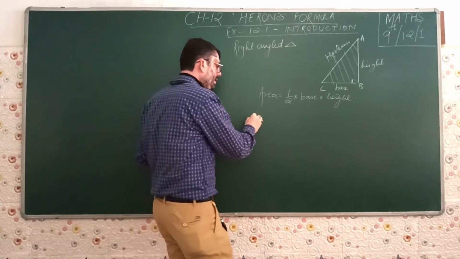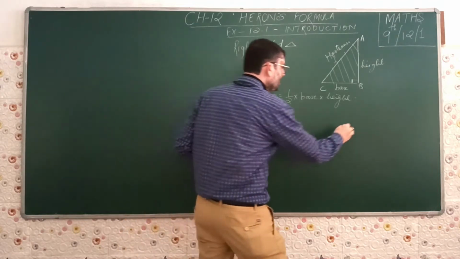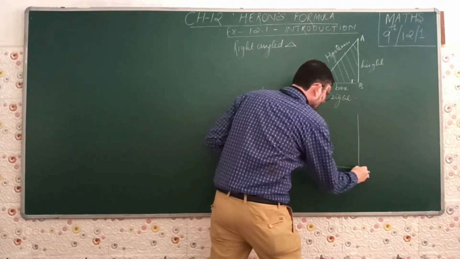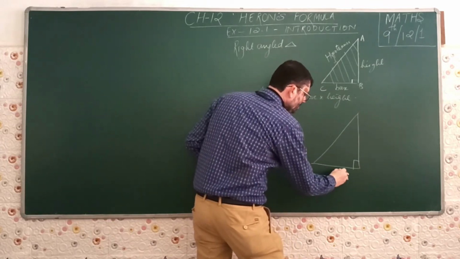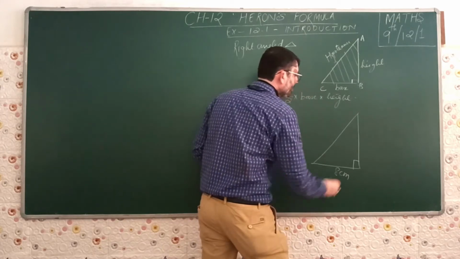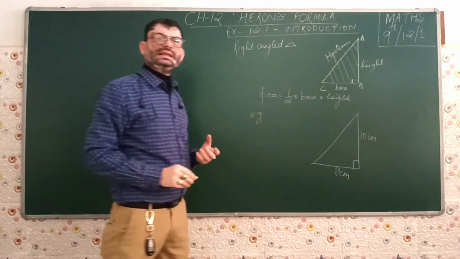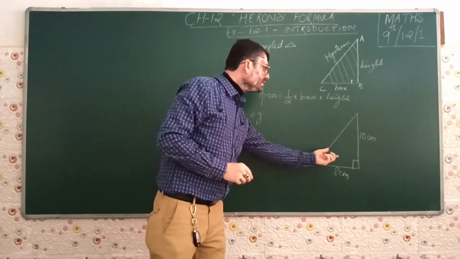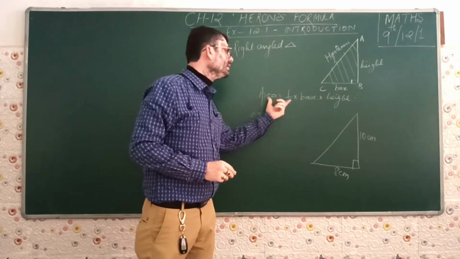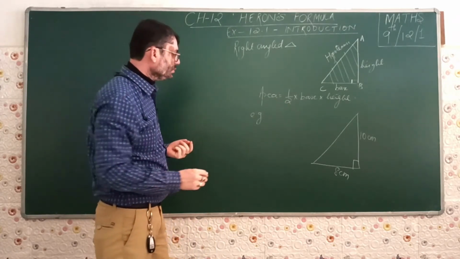Let's take an example of how to find the area of a right angled triangle. Suppose we are given a right angled triangle with one angle 90 degrees, the base is 8 centimeters and the height is 10 centimeters. What is the area enclosed by the triangle? It can be found by this formula: area is equal to half into base into height.